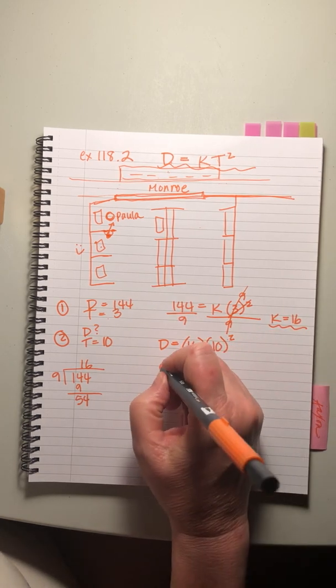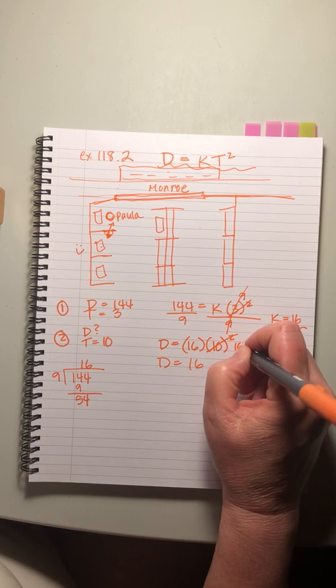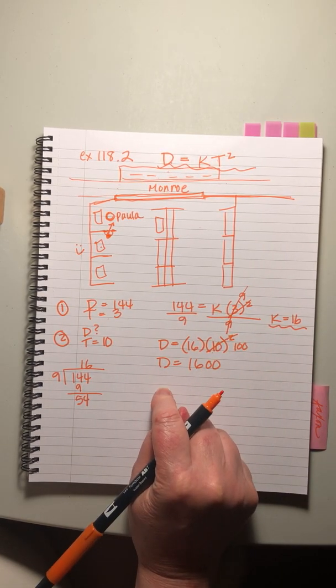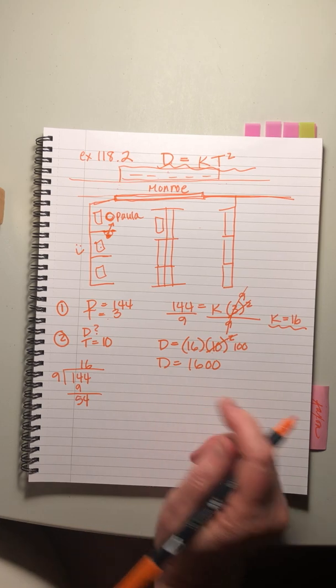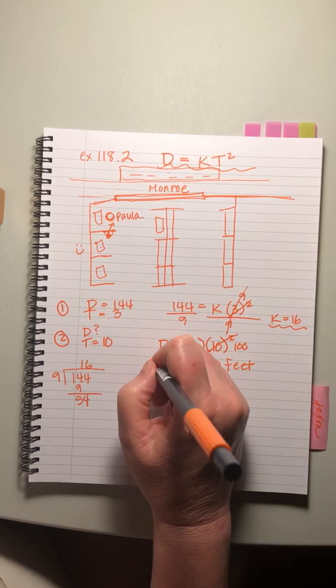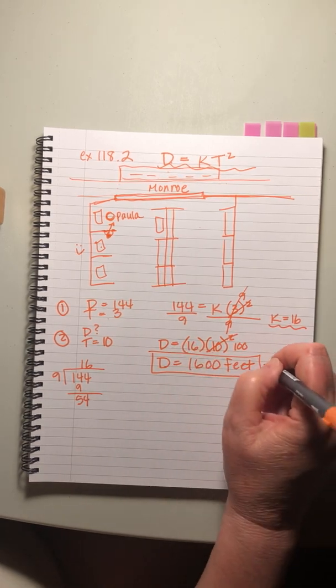That is 16 times 10 squared, which is 100. So my final answer is that. It's a distance, so I look and see what kind of distances we're getting. It's feet. So there's our final answer, and that's correct.